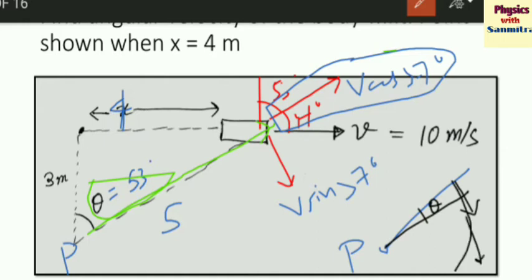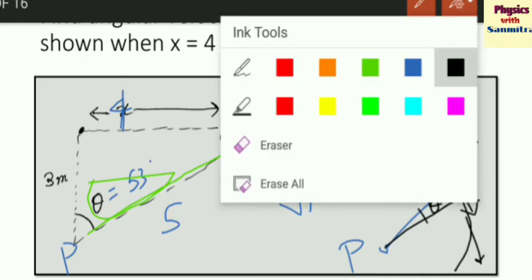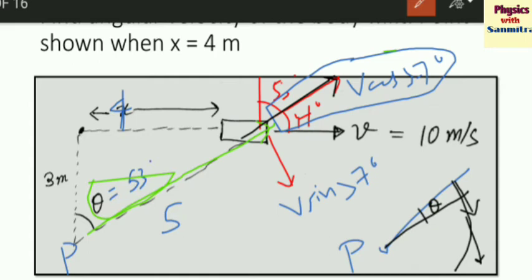The velocity is always perpendicular to the displacement. Therefore it will be just like circular motion. Therefore I can say that this component will have no effect on the angular velocity. Only this component will have. So I can say this is V perpendicular.